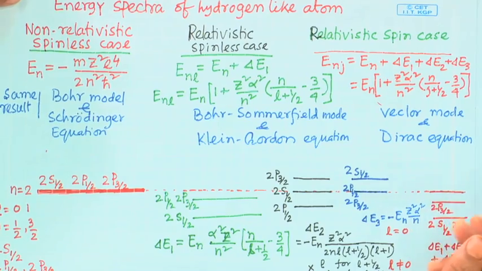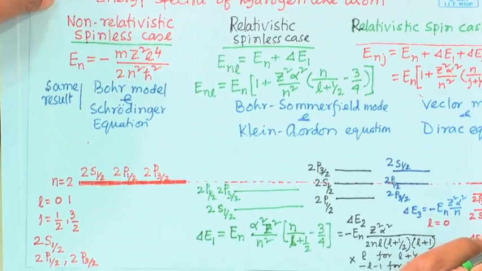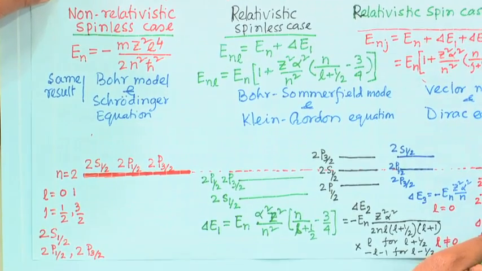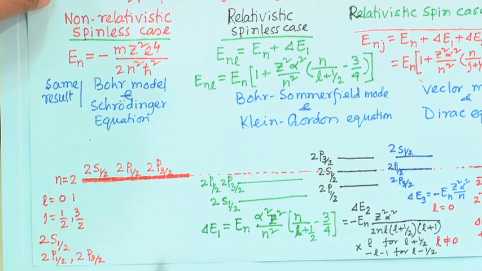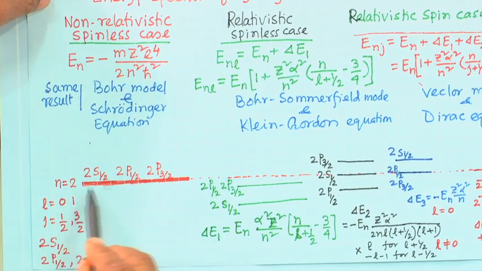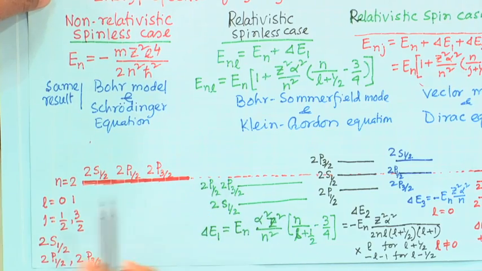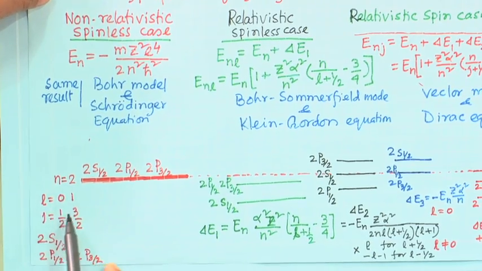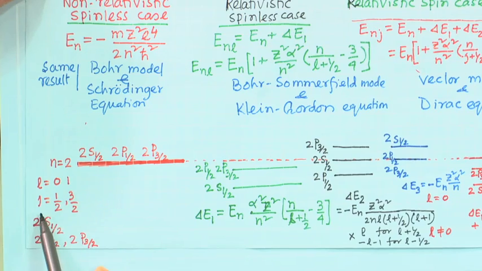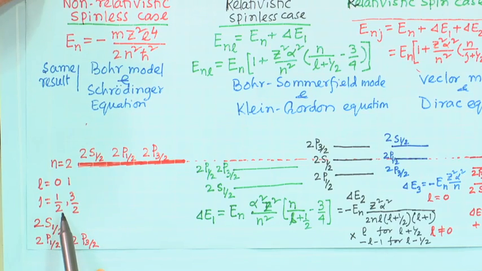Now, in the case of the non-relativistic spinless case, if we consider n equal to 2, this is the energy level. And for n equal to 2, what are the spectroscopic terms? L equal to 0, 1, and then J will be L plus half, L minus half, so half and 3 by 2.